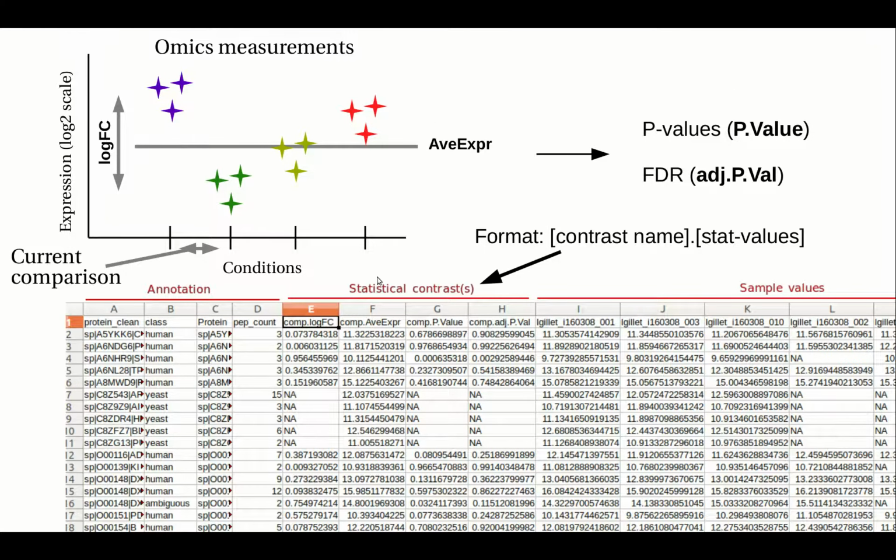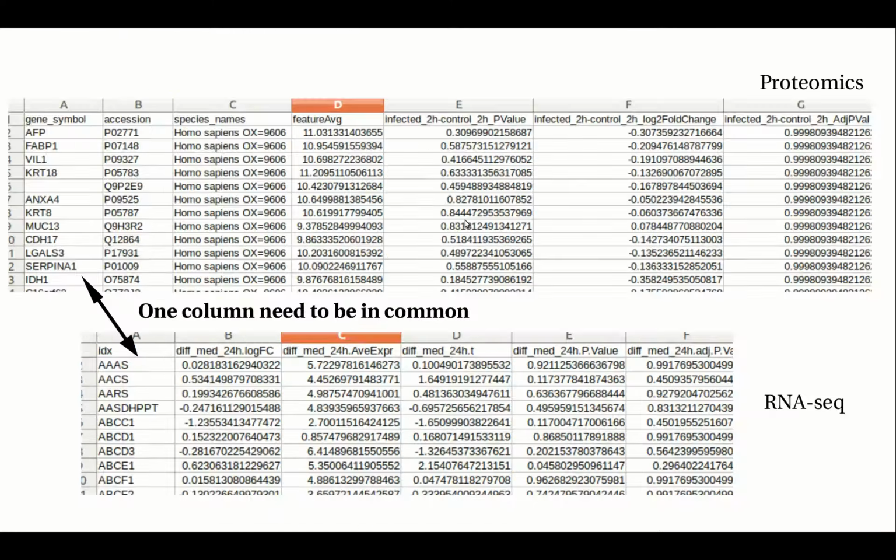As we talked about for the statistical contrasts, you need these 4 columns for each comparison you do. You can have multiple, but then you need these 4 columns for each. And then finally, if you want to combine different datasets, you need one column that is in common, so OmicLoupe can understand this. And I will show you how to do this in the next video.